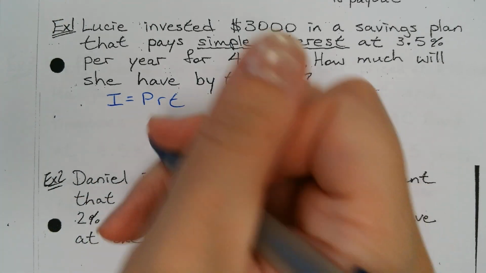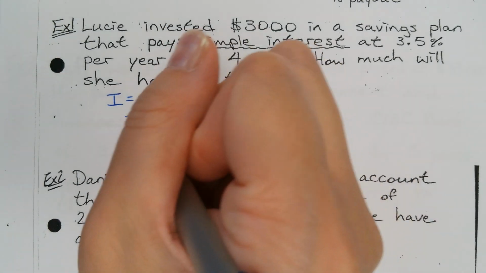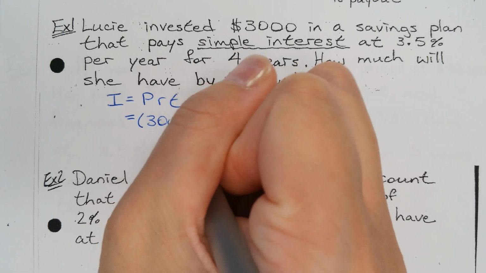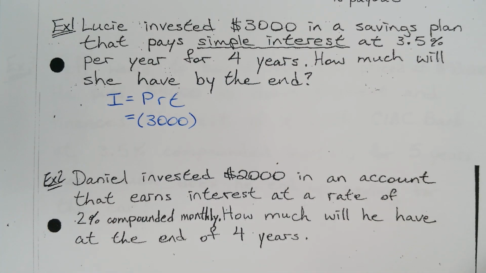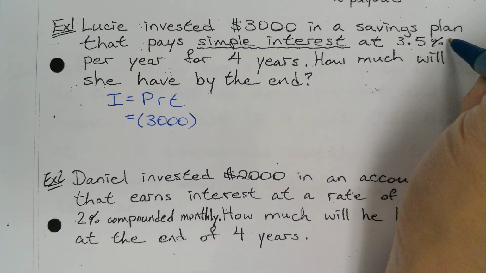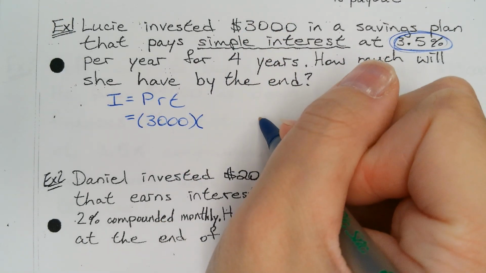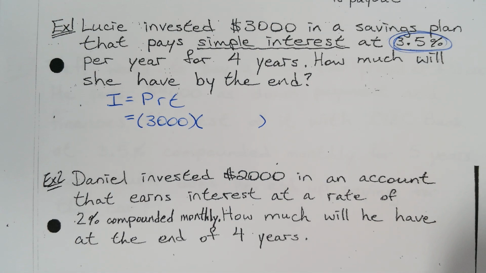Okay. What is the principal amount? 3,000. That's how much she is investing at the beginning. What is the rate? 3.5%. Do we put percentages in calculations? What do we have to do?